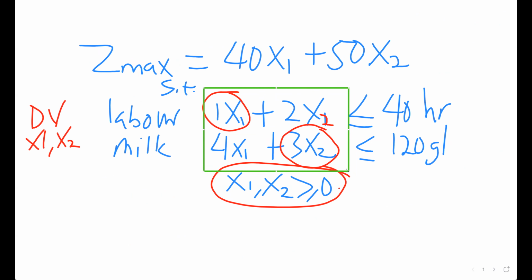You can use the substitution method or the elimination method. I expected you to have done this already using last week's revision. So if you use the substitution method, let me just go back here.